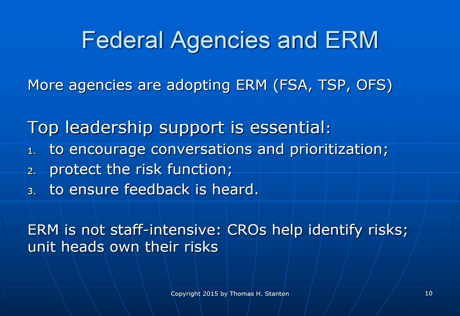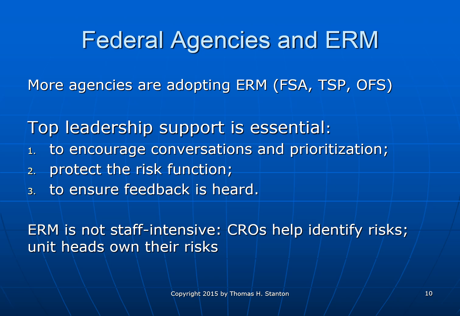Now, the good news is enterprise risk management is not staff intensive. Chief risk officers do not manage risk. They are facilitators. They help to identify the risks. They help to elicit the communications needed to understand the risks the organization faces and to help with the prioritization process.